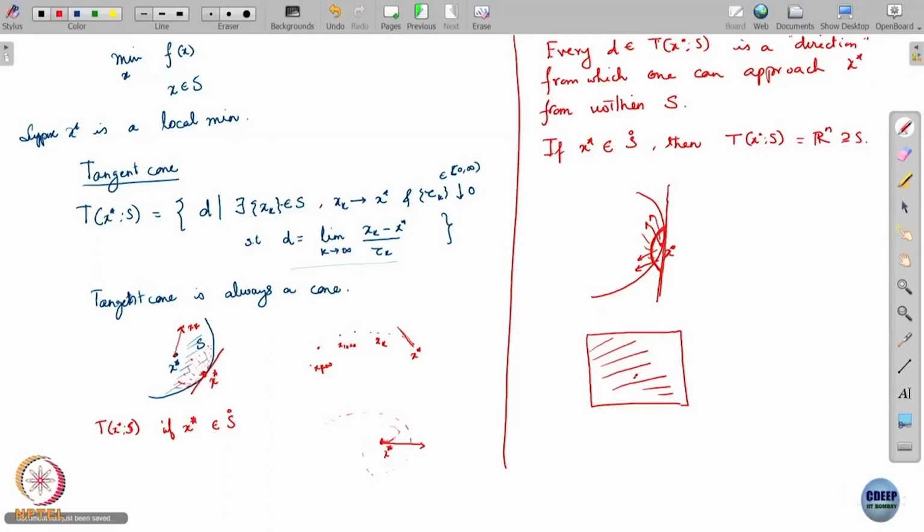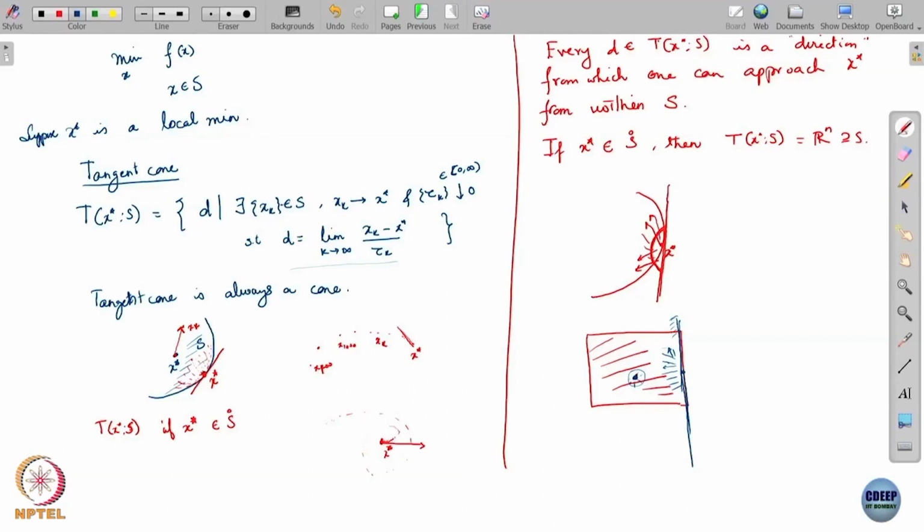If I have my point in the interior, then the tangent cone is just R2, because I can approach from any direction. Now if I'm here, then the tangent cone would be this particular half space, because I can approach from all of these directions. It is the half space formed by this face of my box.